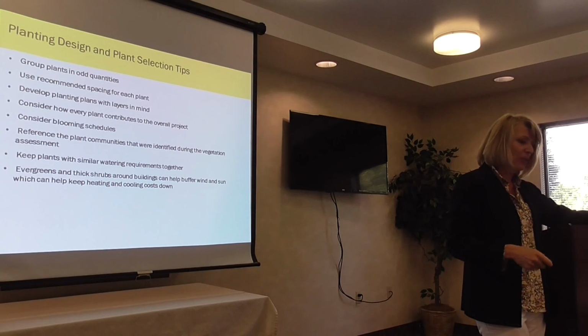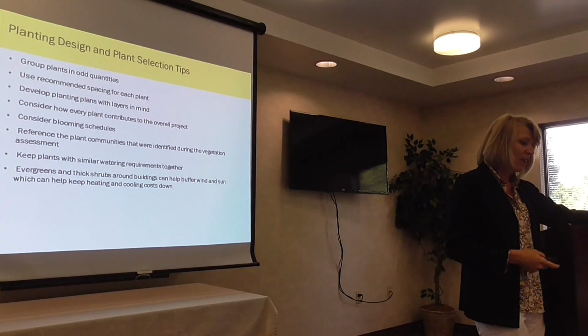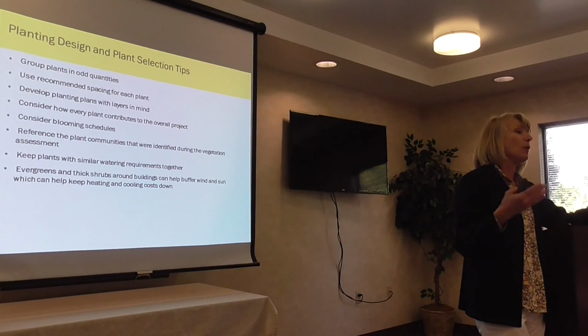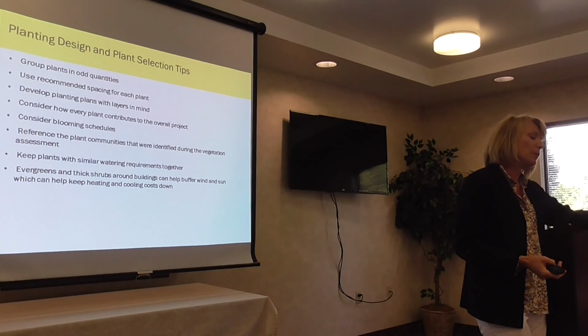How every plant contributes to the overall project. The blooming schedules, which is what I just talked about. And then make sure you went through the time to get an idea of what plants work with this particular area.